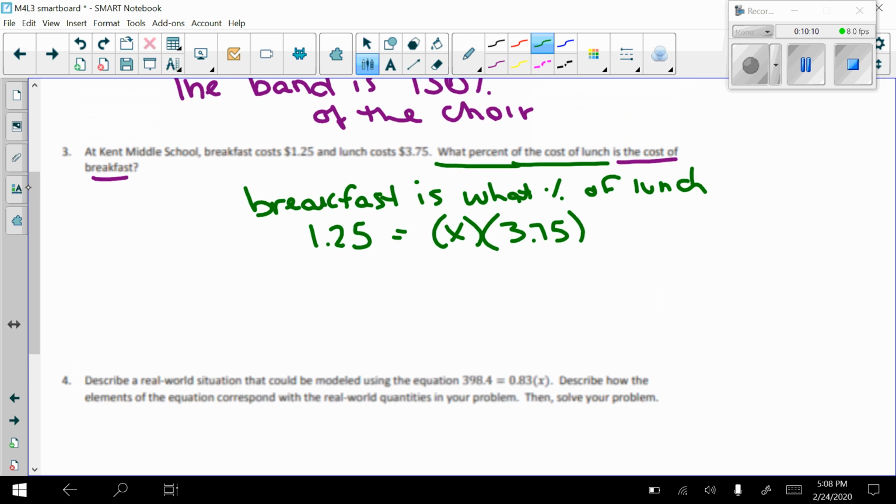So take a look at how I looked at the problem. In green, what percent of lunch is breakfast? And then we go ahead and we solve this problem. Multiply by the reciprocal. It doesn't matter that it's a decimal.